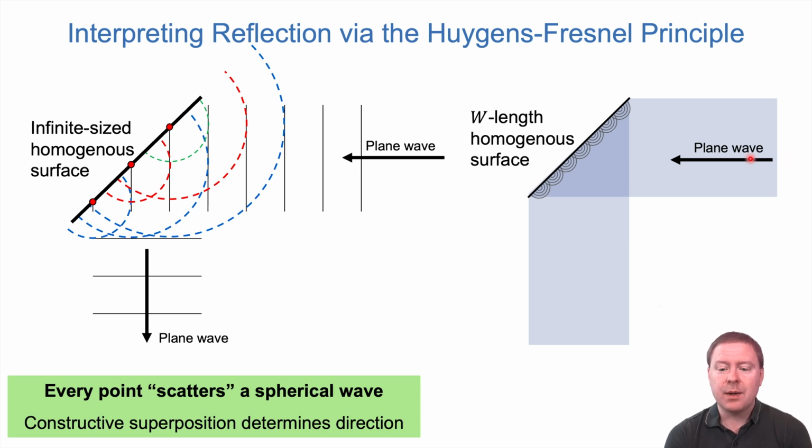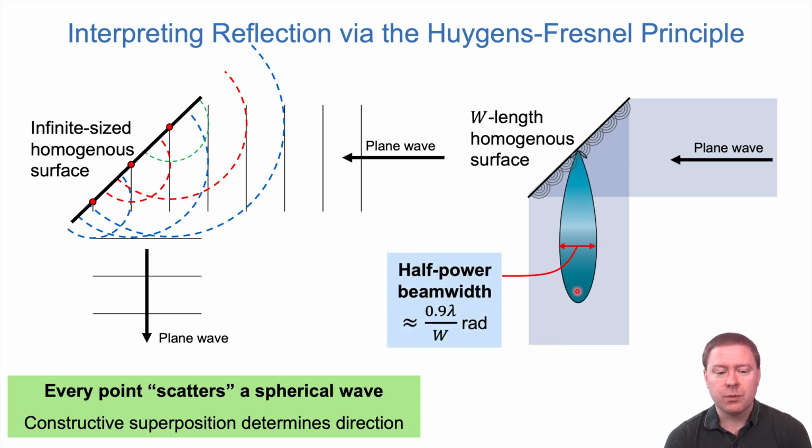If we have a plane wave arriving on a finite-size but still homogeneous surface, where the length of this is W, then the signal will go downwards, and we can determine how the signal propagates out from the surface by considering the superposition of all of the small objects inside the surface. But the signal will go downwards not as a plane wave, but it will spread out. It will have a beam shape, similar to what you would get if you had a W-length uniform linear array here.